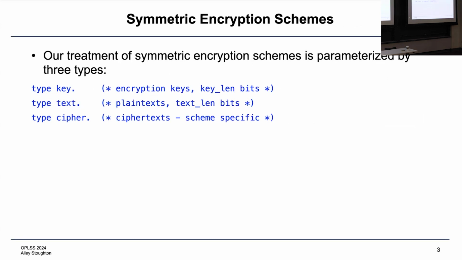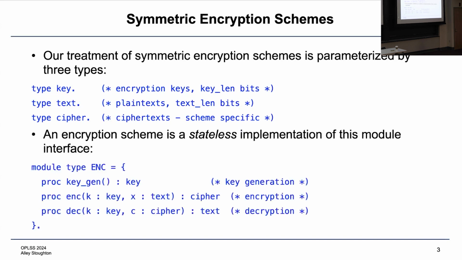So these are in EasyCrypt. We have types of keys, encryption keys, which have k-len bits, a tunable parameter. We have a type of plaintext, which has text-len bits, and then we have ciphertexts, which are scheme specific, but for the particular scheme we're looking at, we know what that is. We'll get to that in a few minutes.